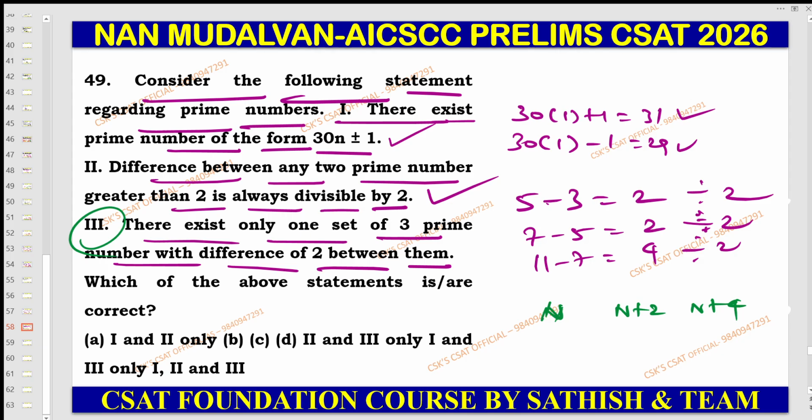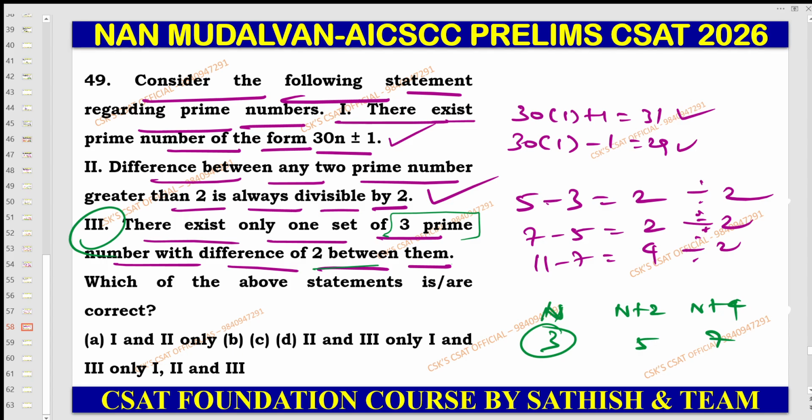Here when I am teaching you the number system, there itself I mentioned this is possible for statement based questions. Yes, here listen, there exists only one set of 3 prime numbers with a difference of 2 between them. Yes, possible. 3, 5, 7. This n is equal to 3 alone gives you such a satisfaction.